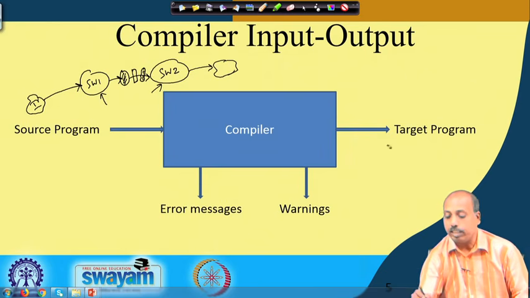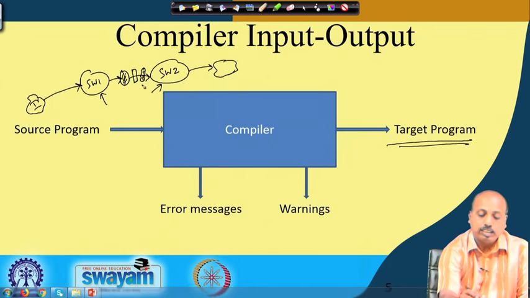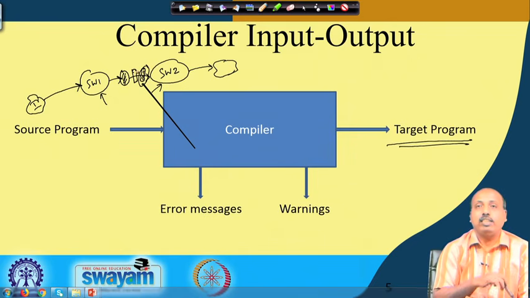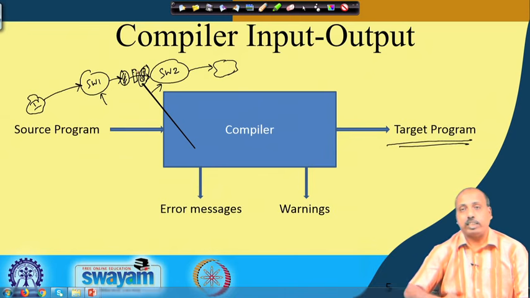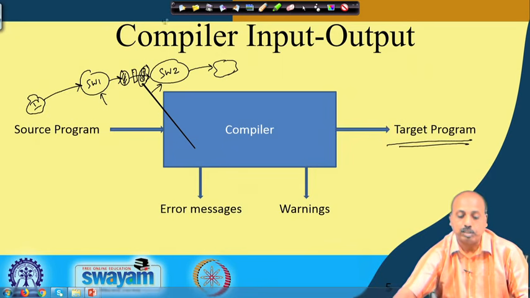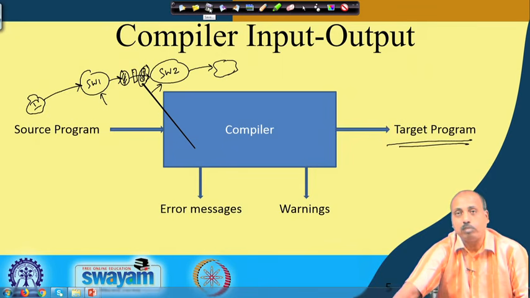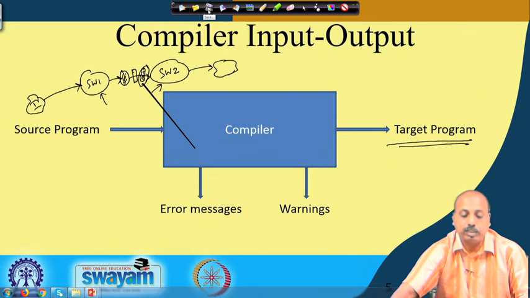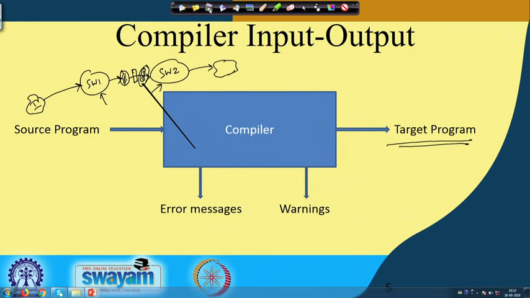So, in this case the target program we are talking about is the input of software 2. Here also the compiler is doing a translation, but it is generating a target program not for machine execution, but for understanding by another piece of software. That is why the target program need not necessarily be a machine language program; it may be some other format also. Whenever we need any format conversion type of job, these compilers can be utilized.